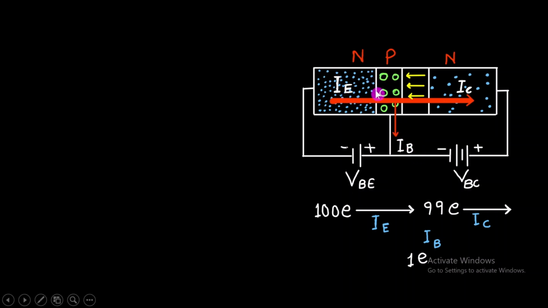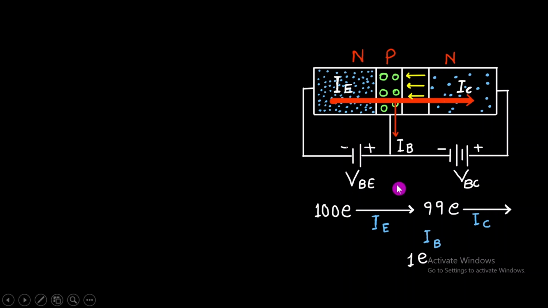The remaining electrons, the remaining charge carriers, will cross this potential barrier, across this reverse biased junction. The remaining charge carriers will flow towards the collector, and due to this the current is called IC.